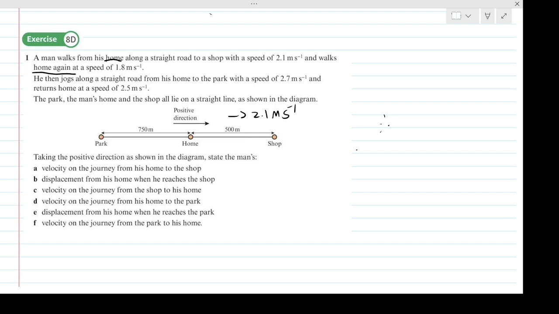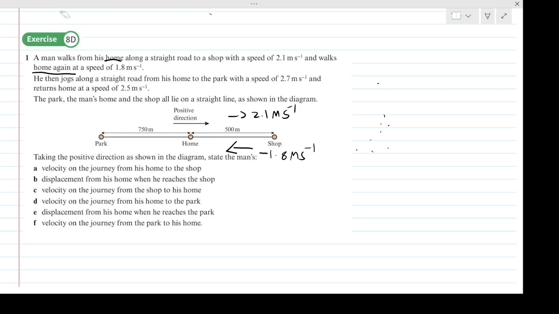So from the shop to the home, which is going to be that way now, is 1.8 meters per second. But because it's the opposite direction to the positive direction, that means the velocity is going to be negative 1.8 meters per second if he's going from the shop to the home, because it's the opposite way.